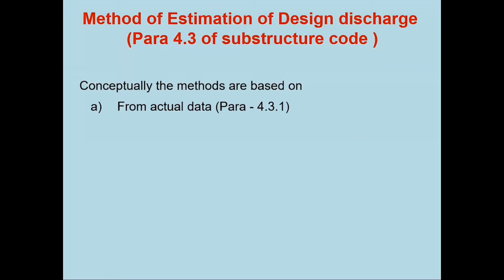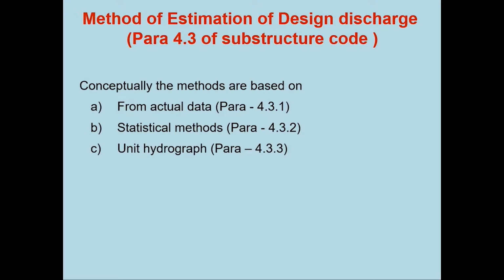Then what are the conceptual methods for designing that? It is from the actual data, or by a statistical method, or a unit hydrograph method. I will just give a brief explanation of the unit hydrograph. A unit hydrograph is nothing but a graph between the discharge and the rainfall.